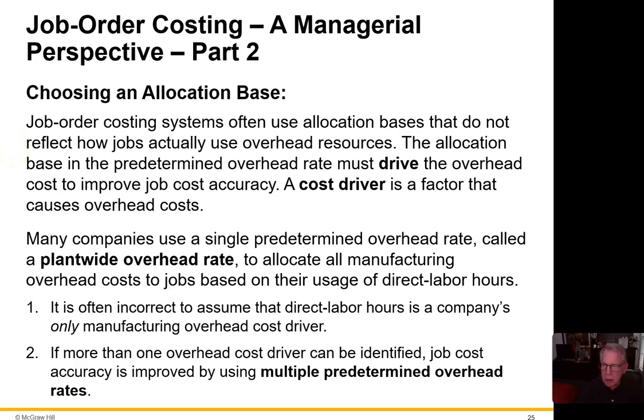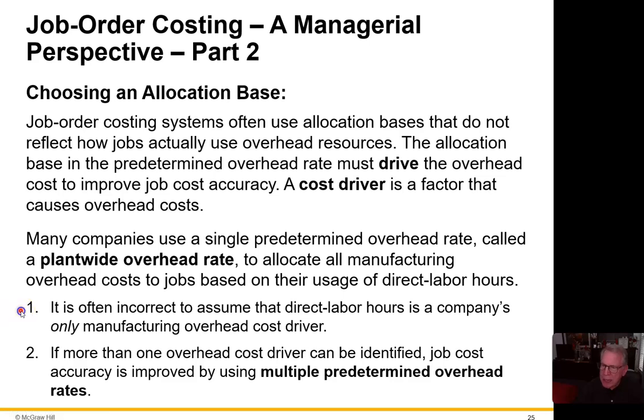Many companies, all the ones that I've worked for, use a single predetermined overhead rate called a plant-wide overhead rate to allocate all manufacturing overhead costs to jobs based on their usage of direct labor hours.